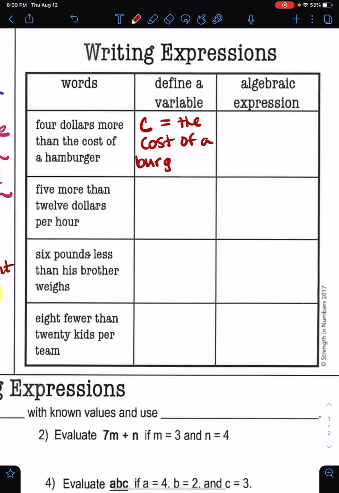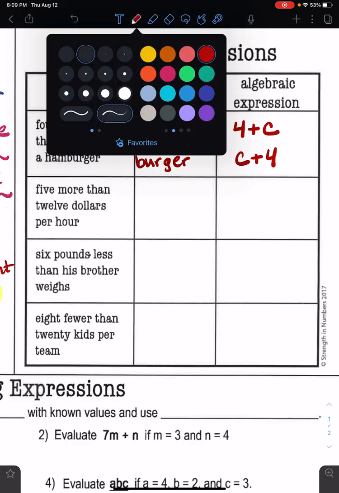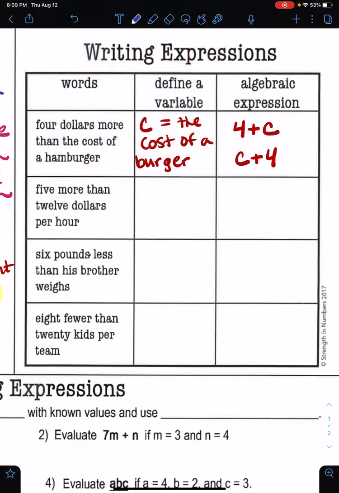You could also use just X. X is a very common variable. You can use it for everything if you want to, or you can use the variable that goes with what the word is, that is the unknown. So if we want to say 4 more than something, we can add to it. 4 more than the cost of a burger. You could write it either one of those ways. It shows 4 more than the cost of a burger if we don't know what the cost of the burger is.